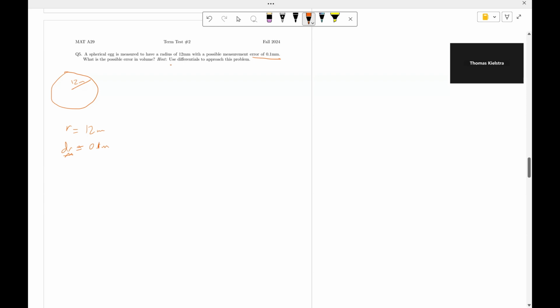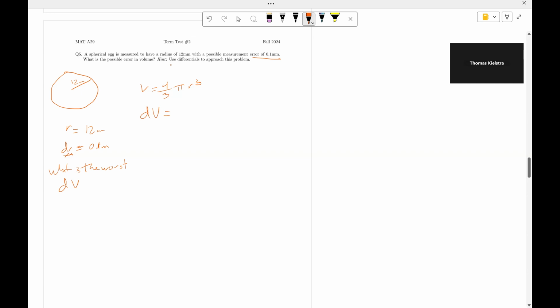And the question is, what's my possible error in volume? Well, volume equals 4/3 pi r cubed. And it's asking what is the worst change in volume?